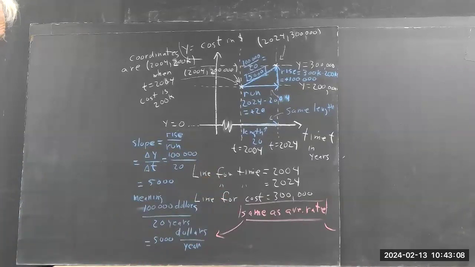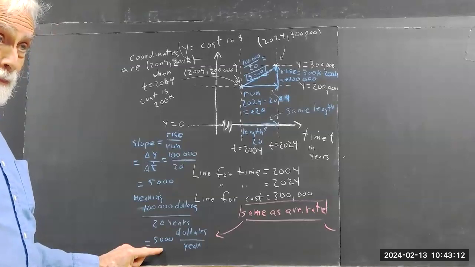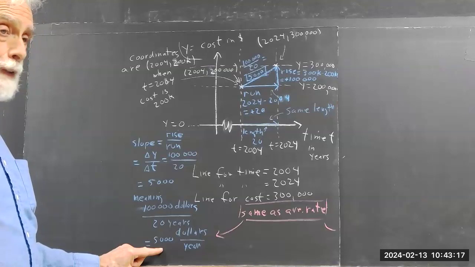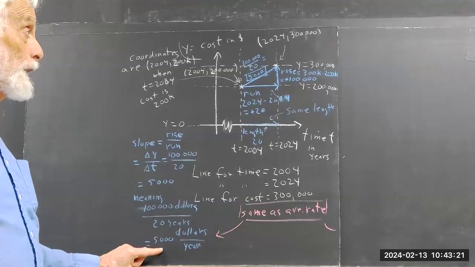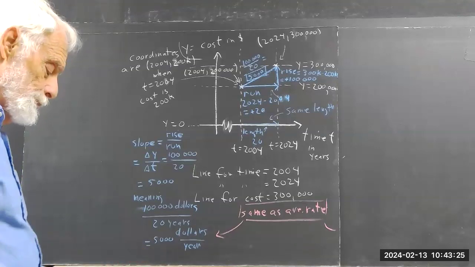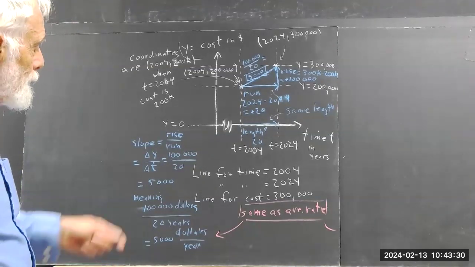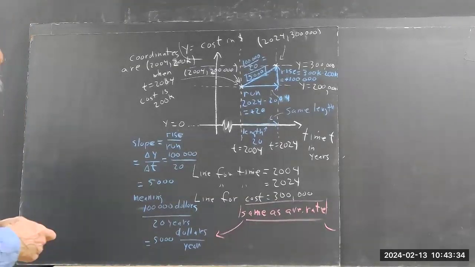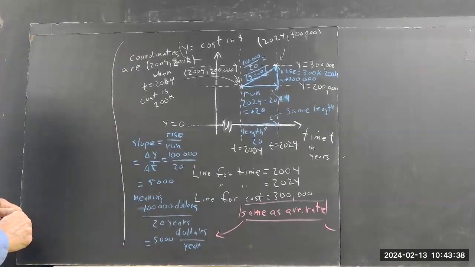We could multiply that 16 years by $5,000 per year. That gives us a change in price of $80,000. So we could make that calculation now that we have the slope. But what we do instead, and of course it's actually no easier, there's a good reason to do it.